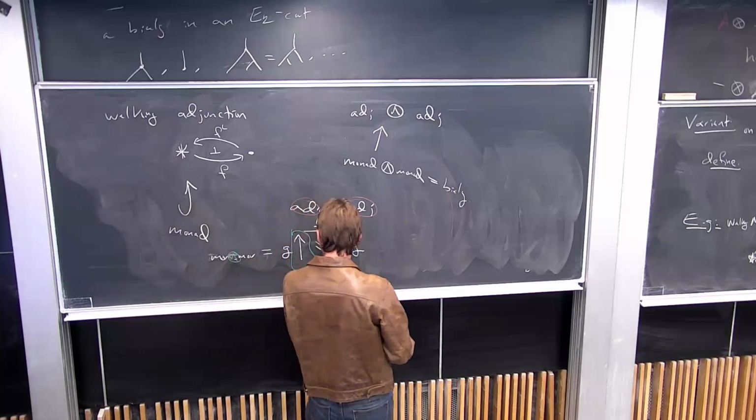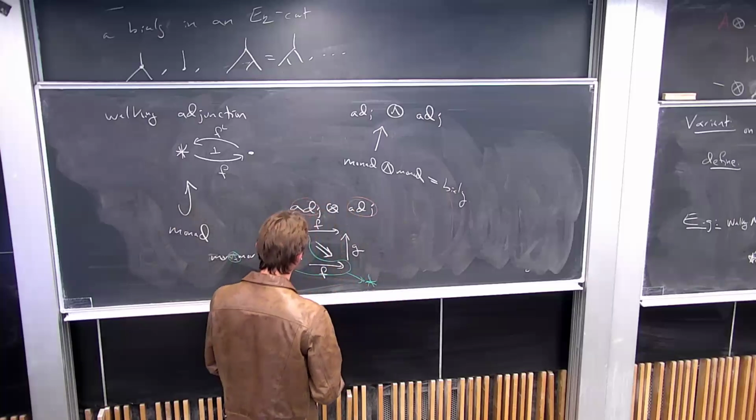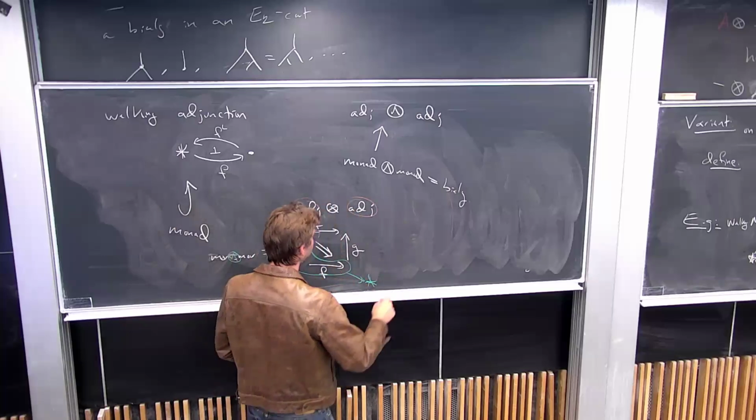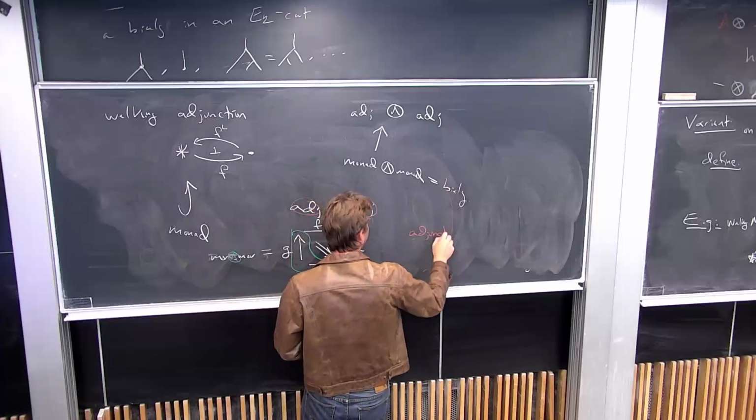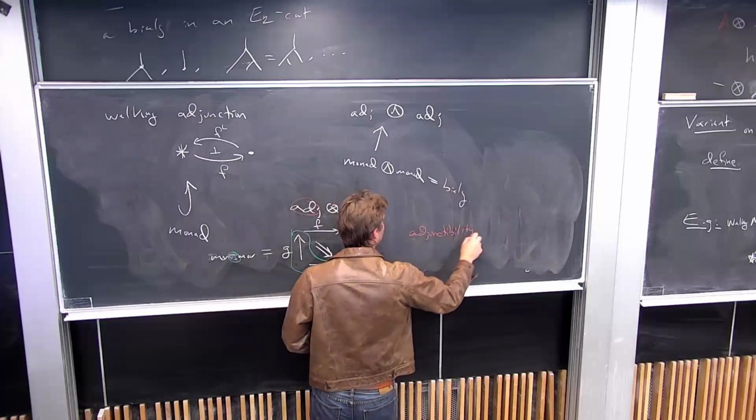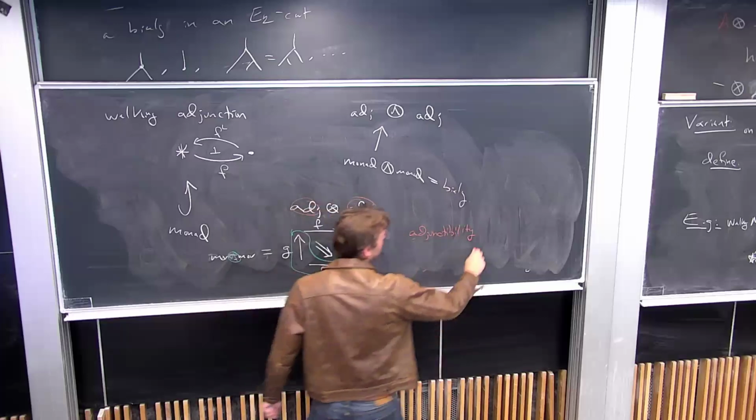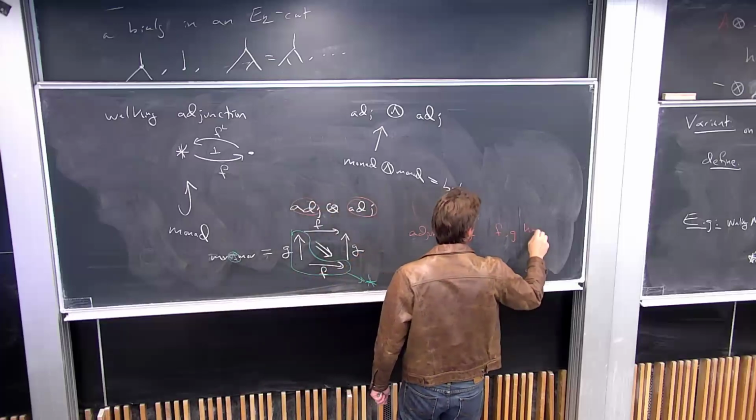And so the adjunctability tells you that F and G have adjoints.